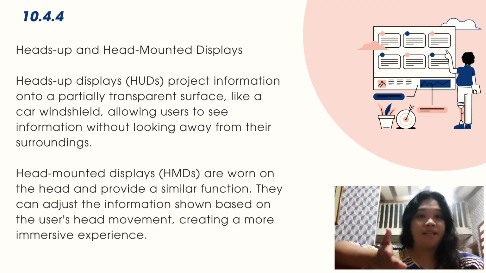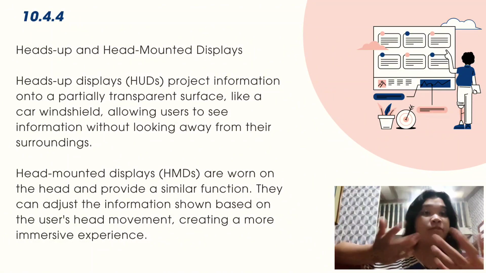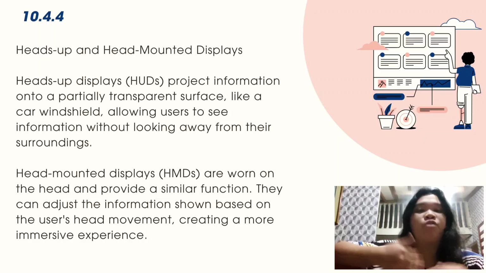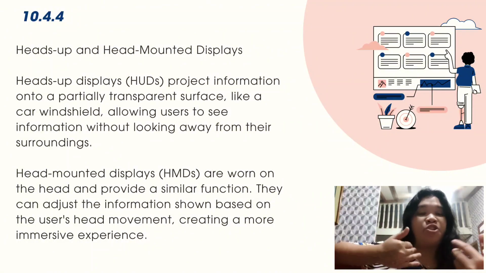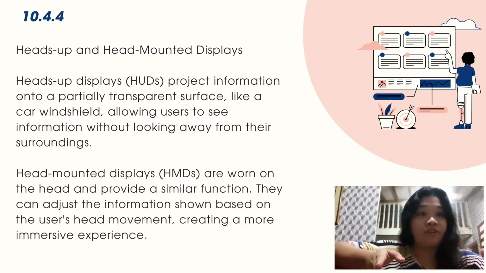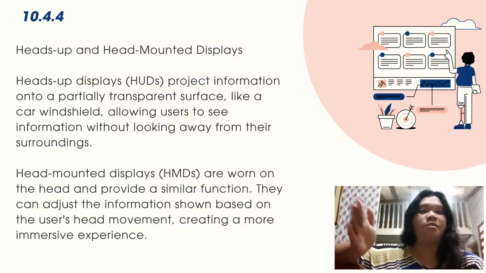Heads-up and head-mounted displays. So heads-up displays, which are also abbreviated as HUDs, project information onto a partially transparent surface like a car windshield, allowing users to see information without looking away from their surroundings. So head-mounted displays, HMDs, which are the abbreviation for this, are worn on the head and provide a similar function.